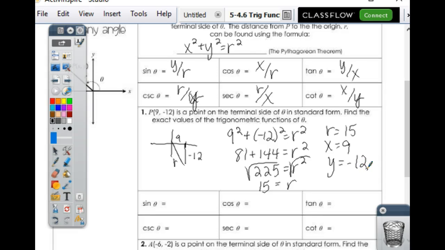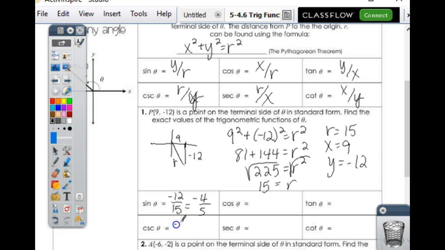So if those are my values over r, the y over r would be negative 12 over 15, and when you reduce that, would be negative 4 over 5. So if that's the sine, how do I get the cosecant? Is it something brand new? Just flip it, right?